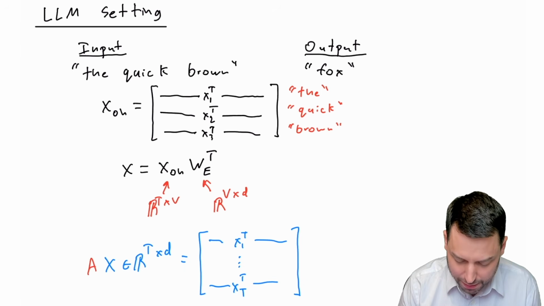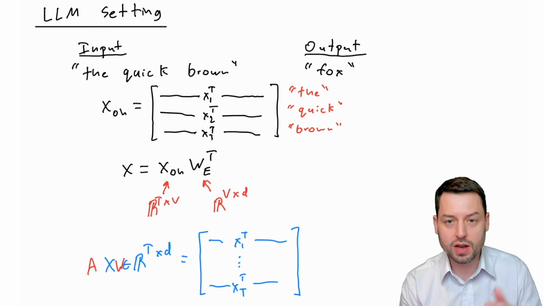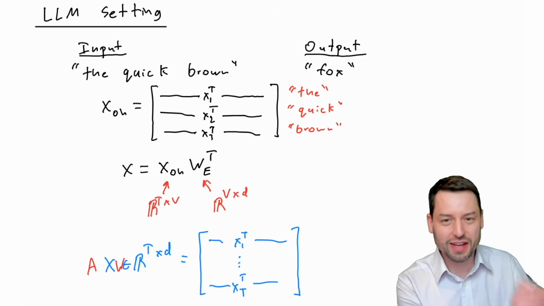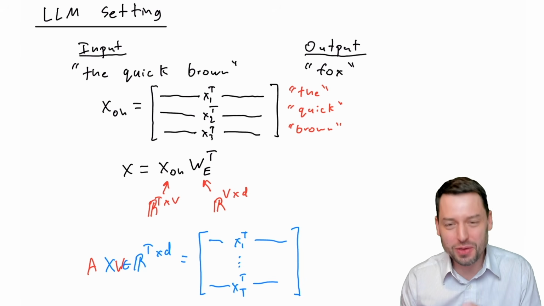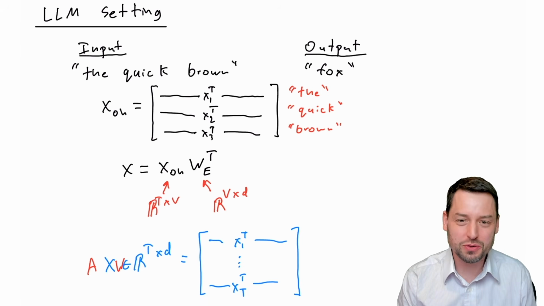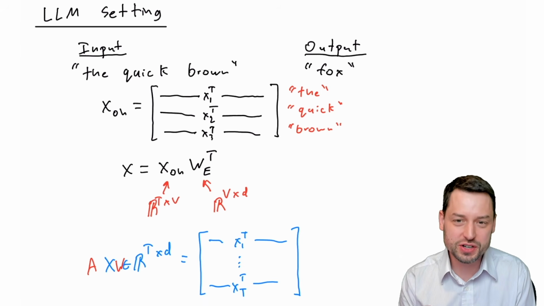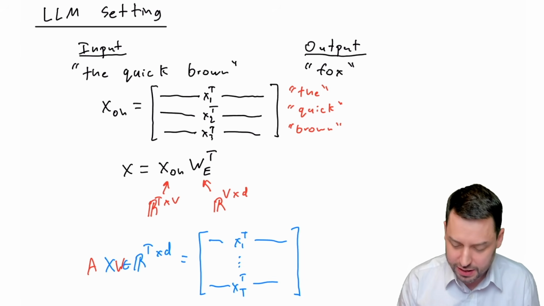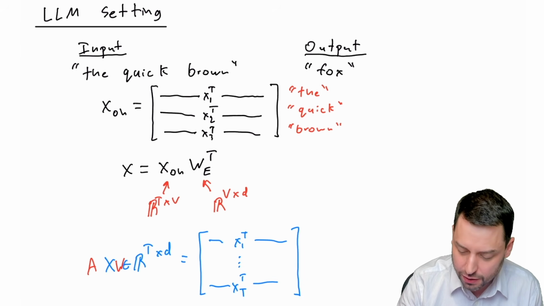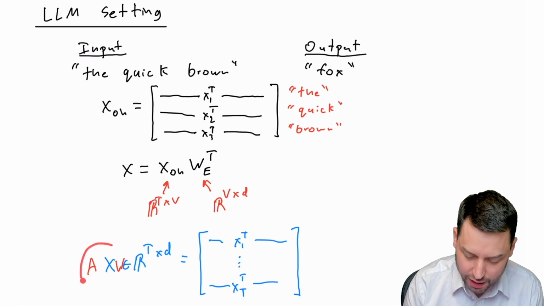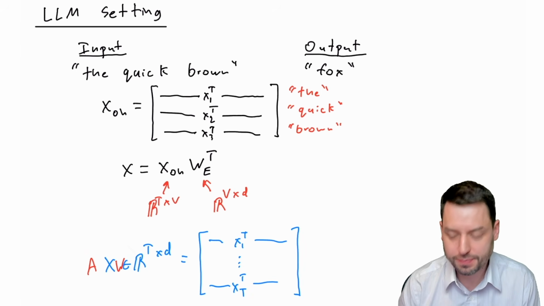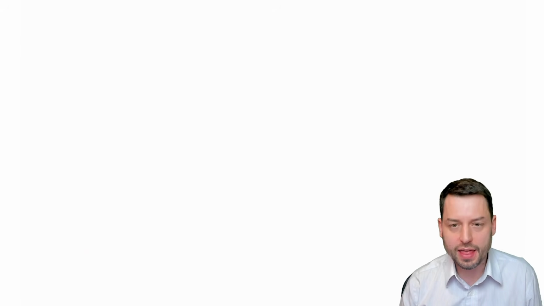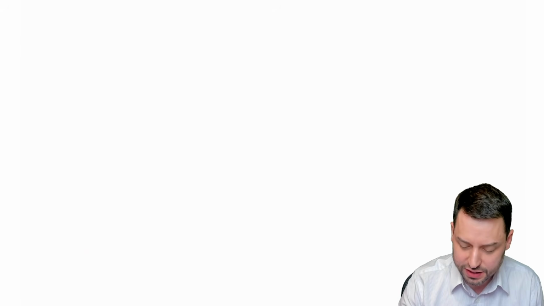We could also multiply it by a matrix W on the right, which would not mix together different rows; it would apply a separate operation to each row in the matrix. Self-attention is going to be a particular instantiation of a mixing operation like this. So let's jump in and define what self-attention is.